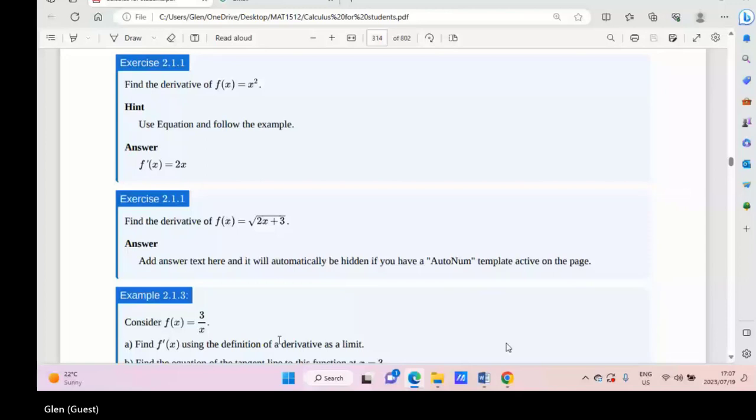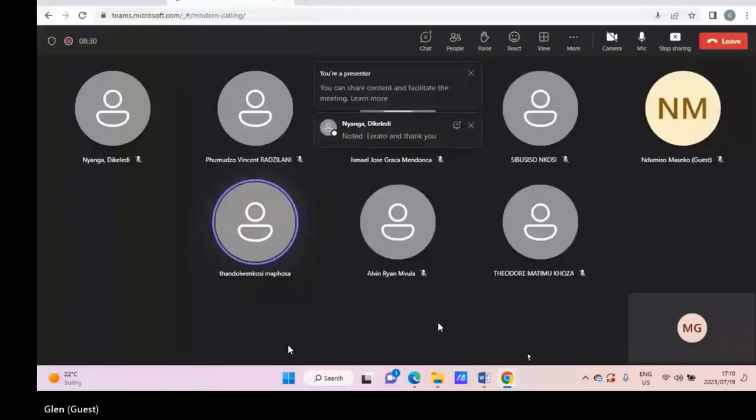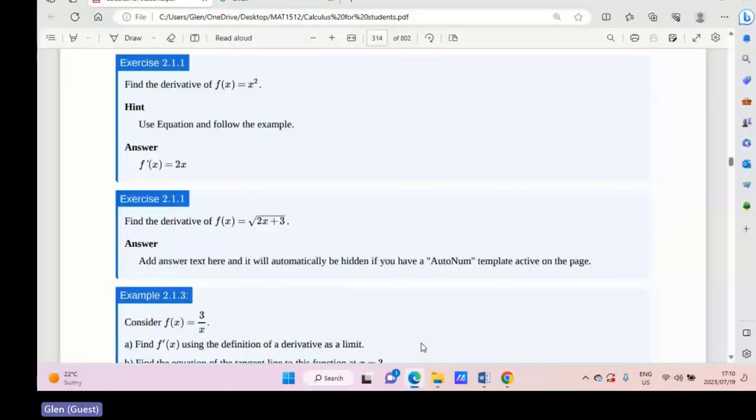I do remember clearly that our homework is example 2.1.3, number A. We said we'll go and find the derivative using the definition of a derivative. Those of you who managed to work out example 2.1.3, which was a homework, who managed to work that one out?